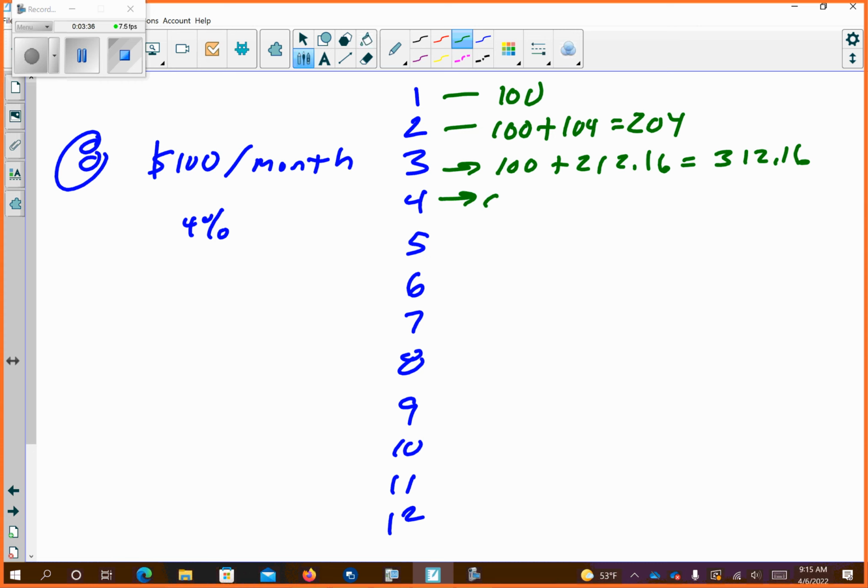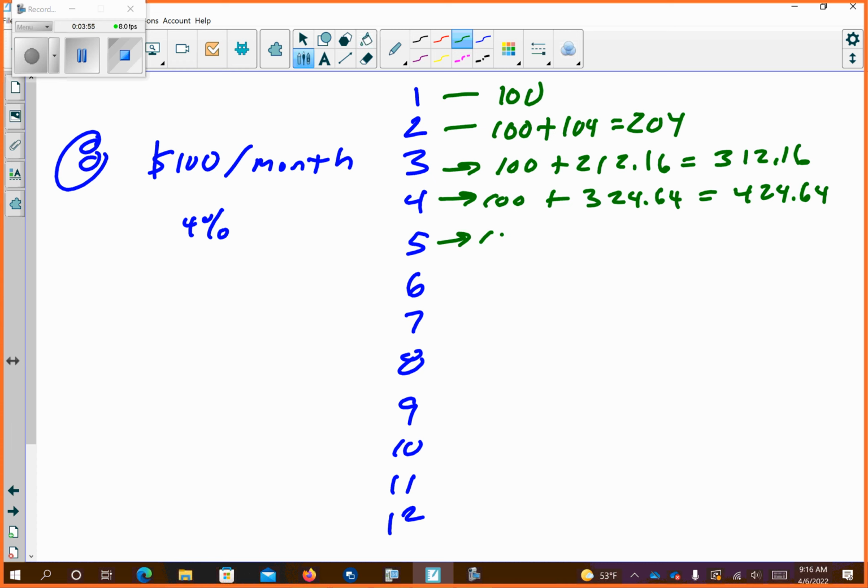Fourth month, $100. 312.16 times 1.04. So 424.64.